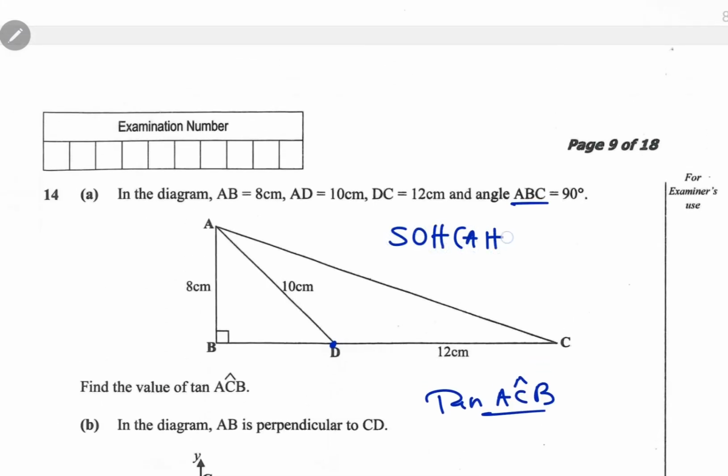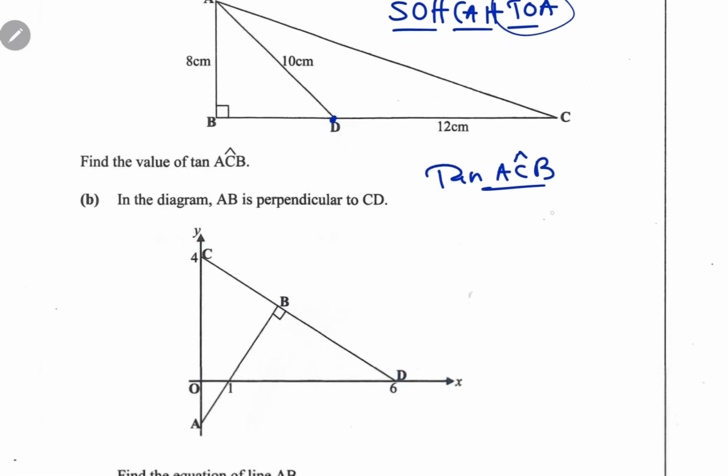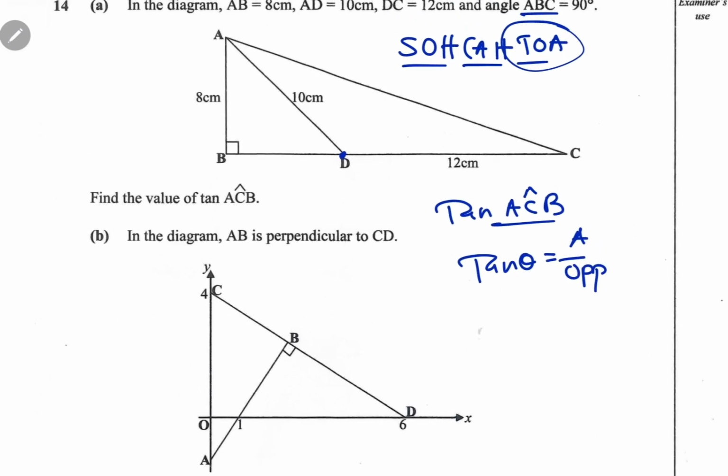SOHCAHTOA, when you are dealing with this part. The first part is sine, cosine, tan. Since we are dealing with tan, what does it mean? Tan theta is equal to opposite over adjacent.